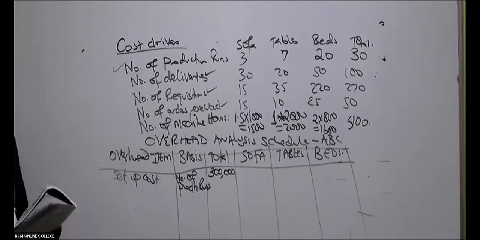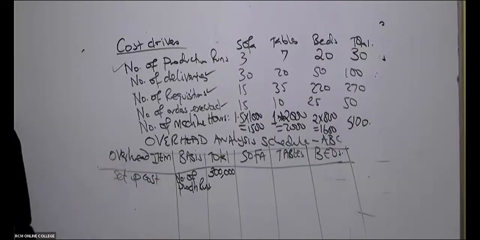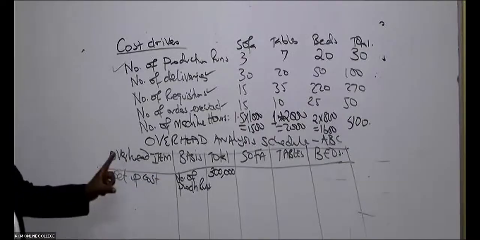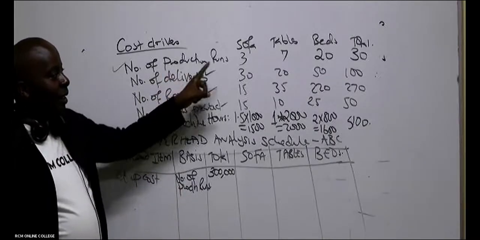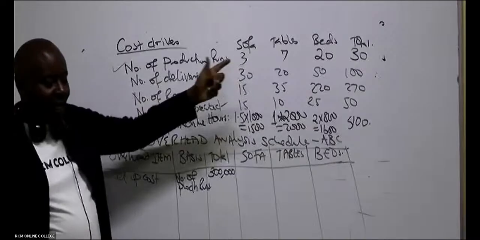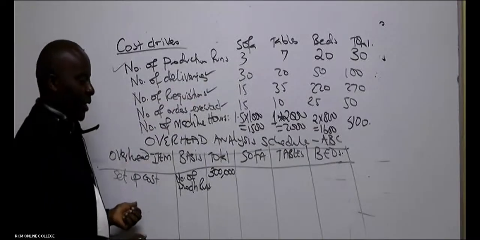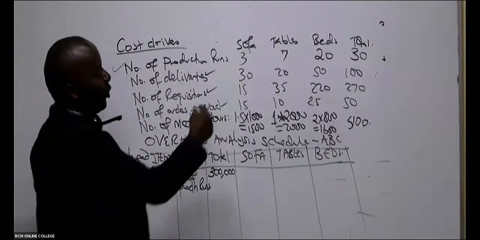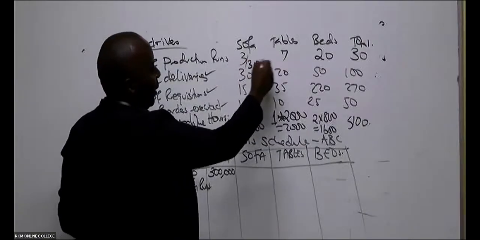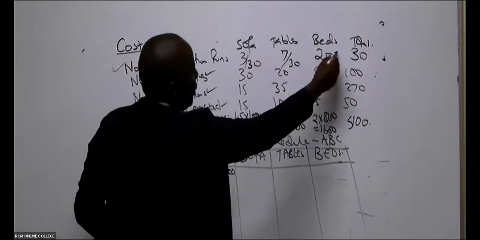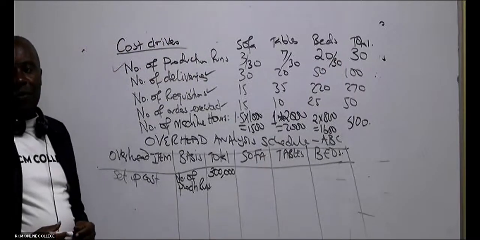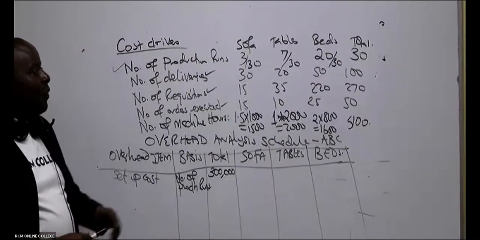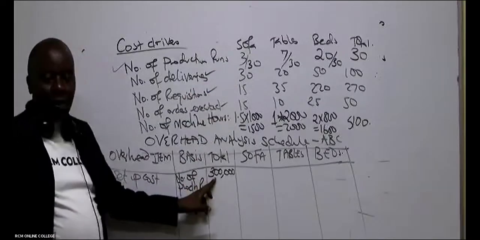So then what do you think will be the best way to apportion this figure? We have been given number of production runs. Do we have them here? Yes, 3, 7, 20, isn't it? So already we have that. Now you know this is 3 over 30, 7 over 30, 20 over what here? 20 over 30. So we have here 3 over 30 times 300,000.